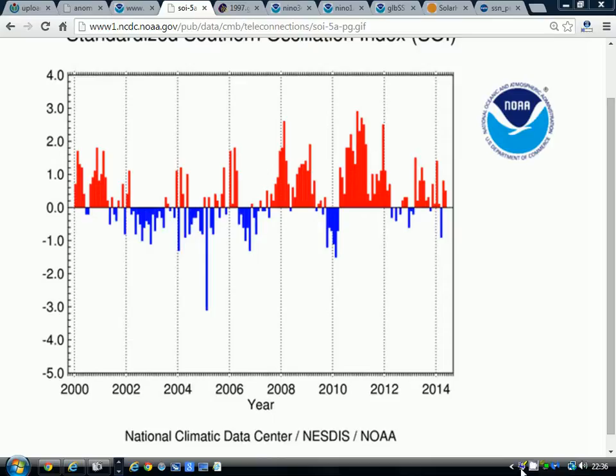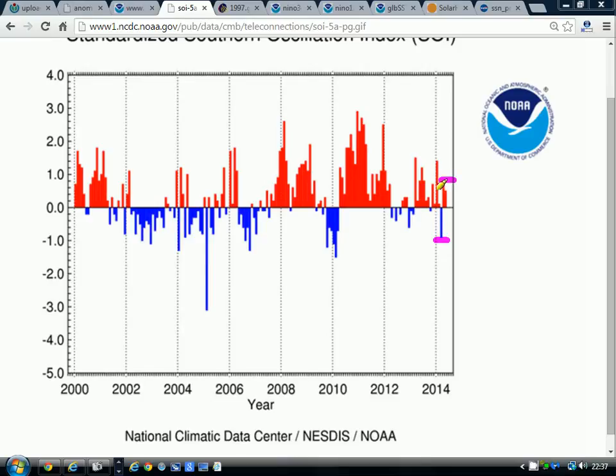Now, we did have a plunge in the SOI that happened either in March or April, and that's really when we had all the talk of the Super Nino coming on. There's a lot of speculation that this is going to be a big mega event, but since then we've swung back into positive territory with the SOI.